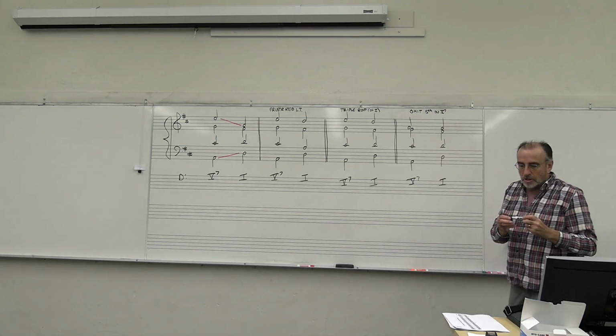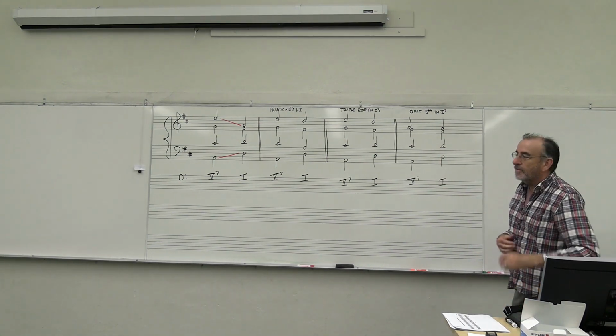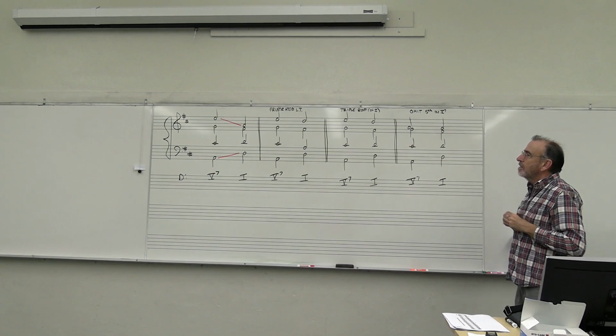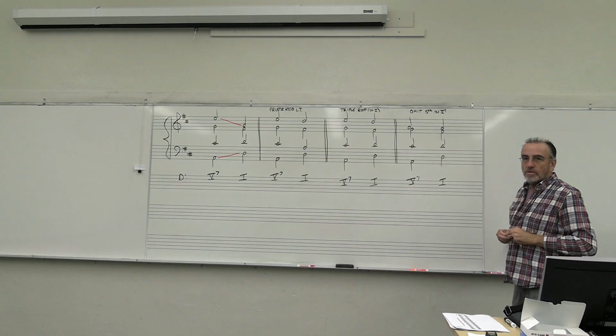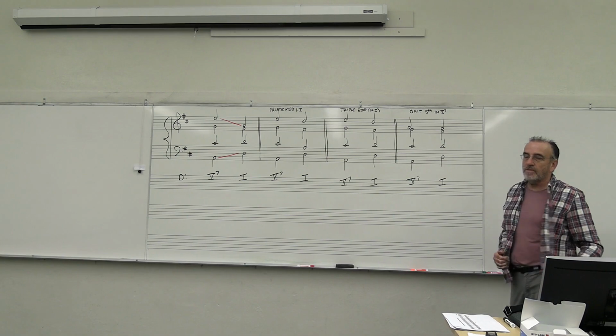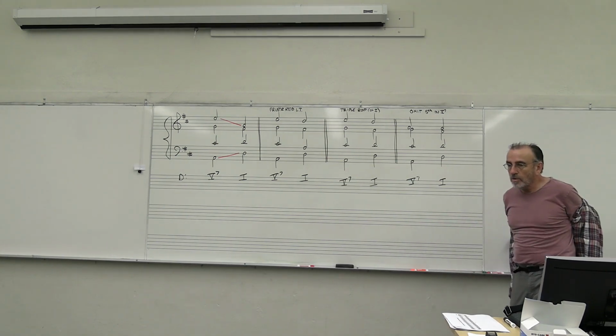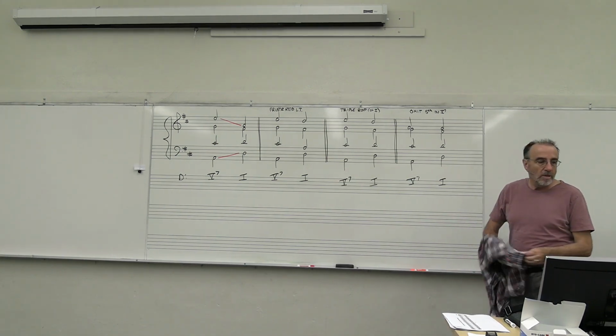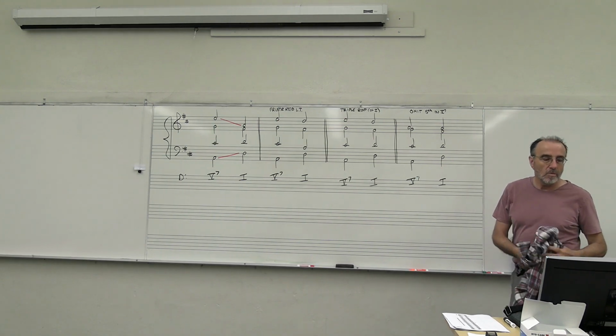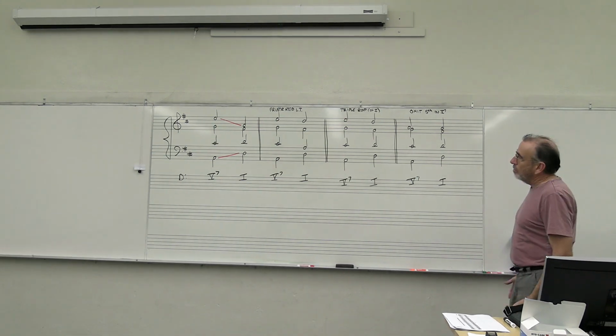And the logic behind omitting the fifth in both of those cases has to do with the overtone series and the idea that the fifth is a prominent note in the overtone series, so you would hear it anyways. You don't really need it, or you won't miss it.